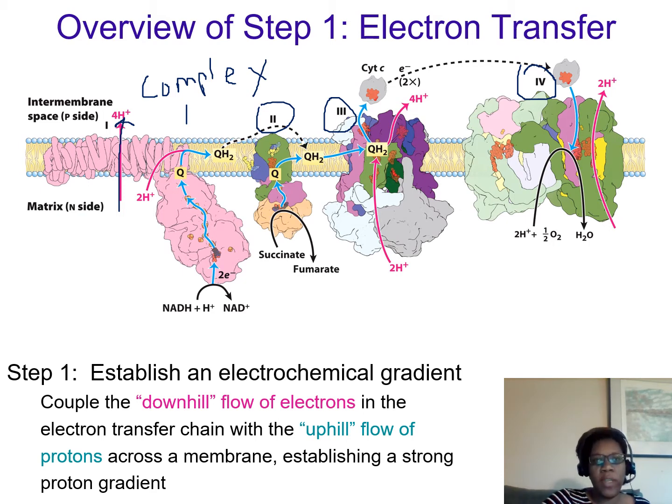And so when we think of electrons being carried, we can think of them as, so this is an electron, and they'll have a downhill flow of energy, right? So the electron is being carried.